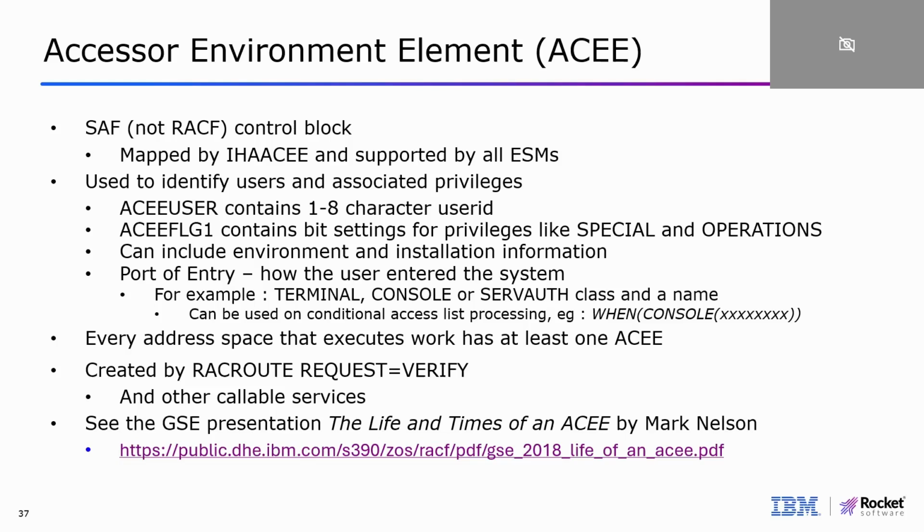When an address space has executable work to do, it will have at least one ACEE, which is created by RACROUTE REQUEST=VERIFY or other callable services. This is where I give a big shout out to Mark. There's a fantastic GSE presentation called The Life and Times of an ACEE, and there's a link in the slides for you to go and have a look at that.